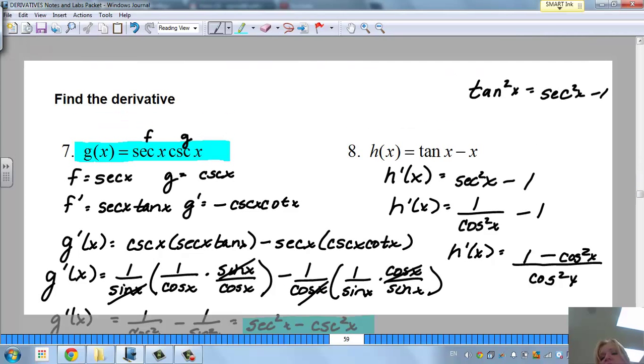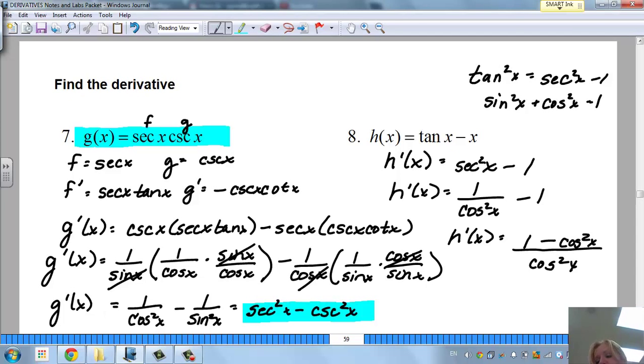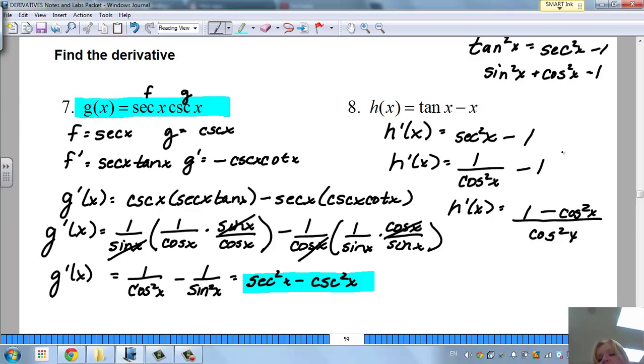Now this is more of an identity that I know, because I know sine squared of x plus cosine squared of x equals 1. So if I have 1 minus cosine squared, if I move this over here, this whole numerator is sine squared. I said, okay, cool. So I have sine squared of x all over cosine squared of x, and sine over cosine is tangent.